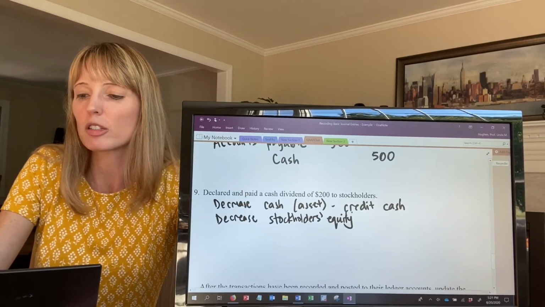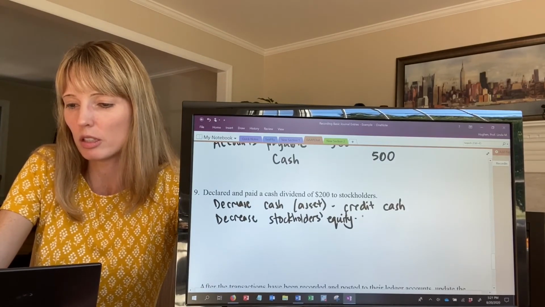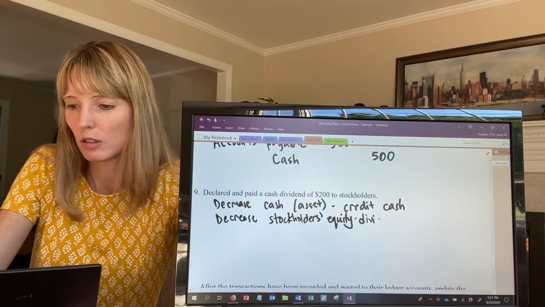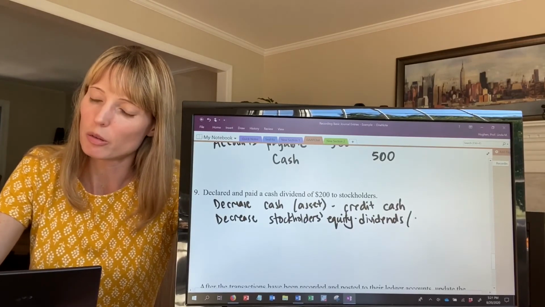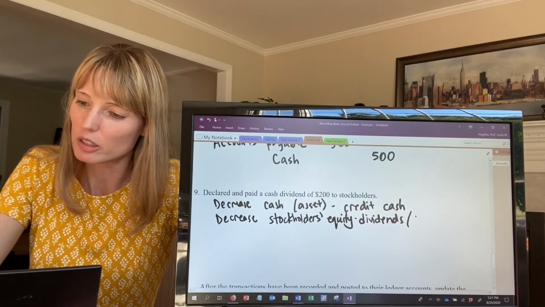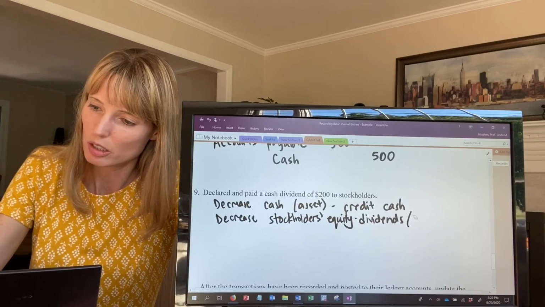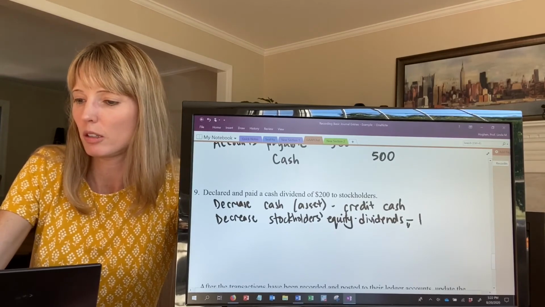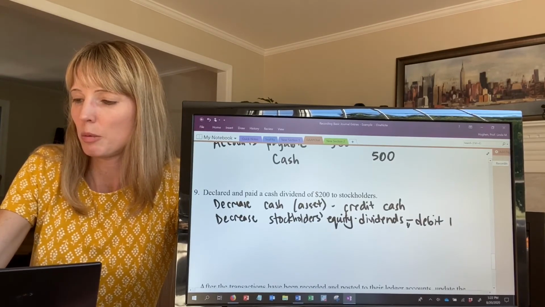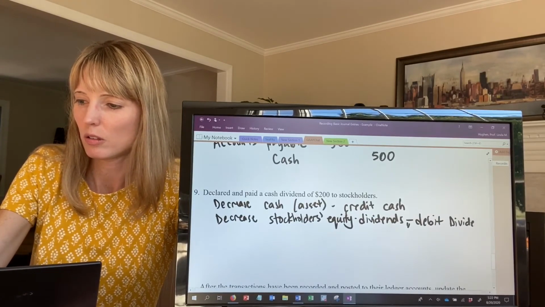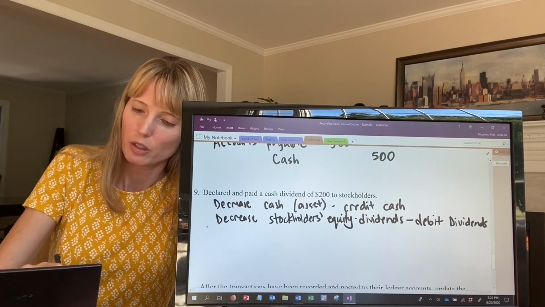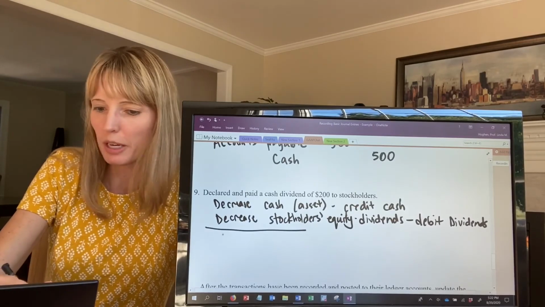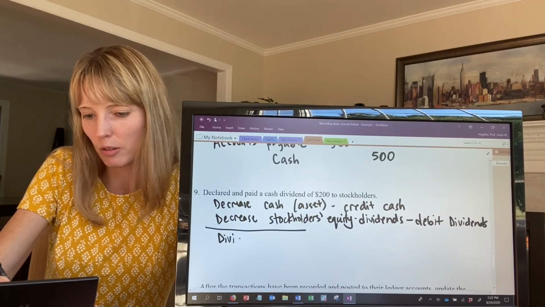And how do we decrease the stockholders' equity account? Dividends. To decrease stockholders' equity, we do that with a debit. Debit the dividends account. So when I'm booking my journal entry, I start with my debit to the dividends account.